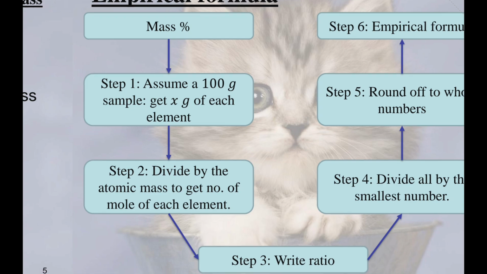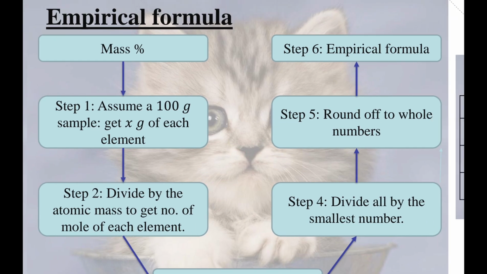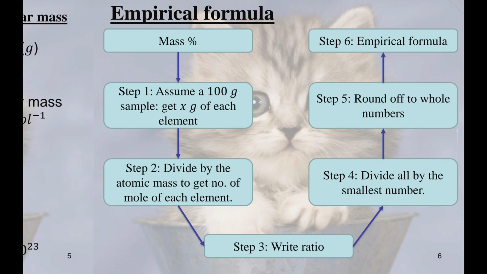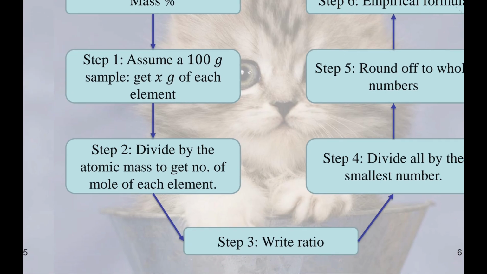Okay, step 1 on calculating empirical formula: you need to assume a 100-gram sample, get x grams of each element, which means convert the percentage to grams. Step 2, divide by the atomic mass to get the number of moles of each element.